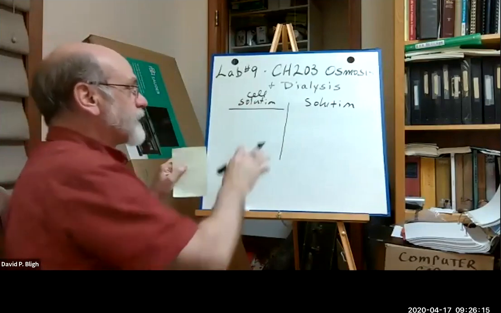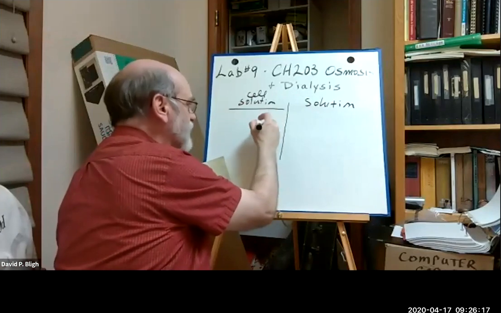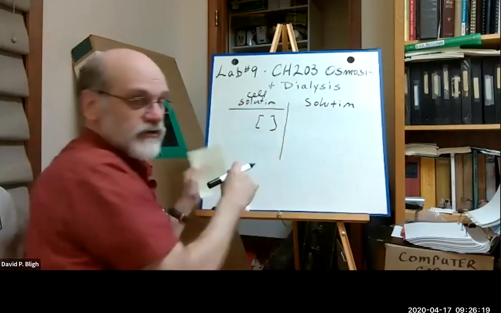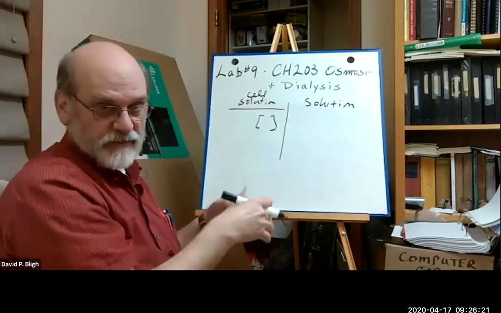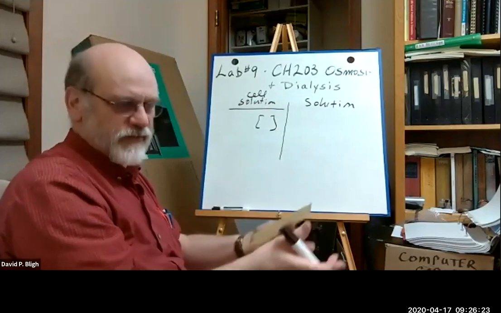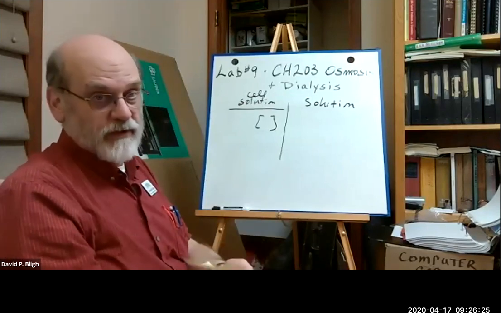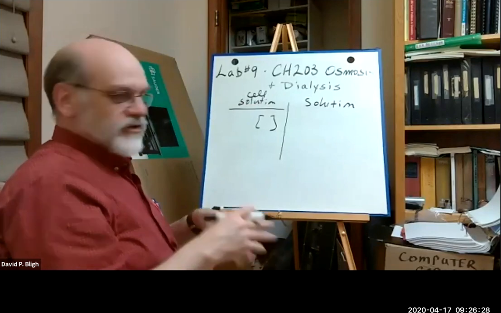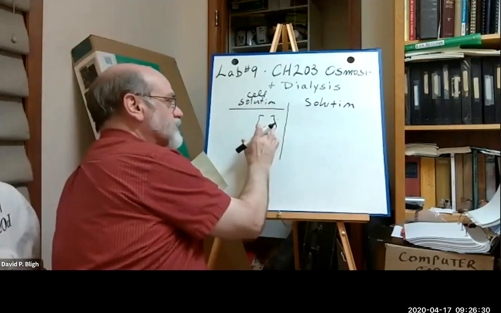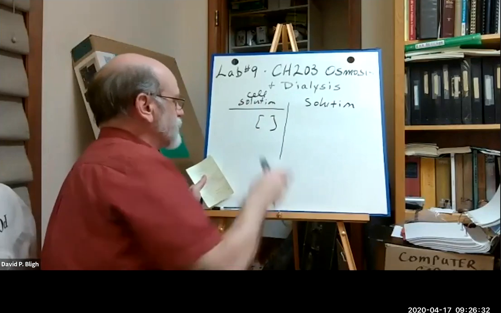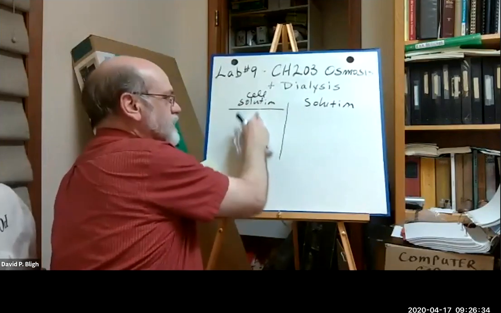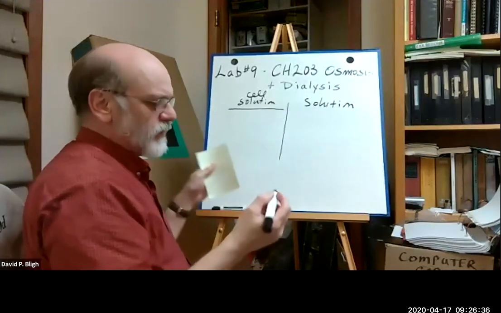Okay? So if the concentration on this side, and I use square brackets from chemistry, of course, which is a way of saying concentration. Actually, it's equilibrium concentration. But it's a shorthand, right? So the concentration of your, let's do it this way. Let's not use that because we reserve that for equilibrium.